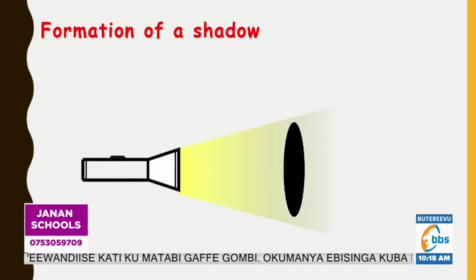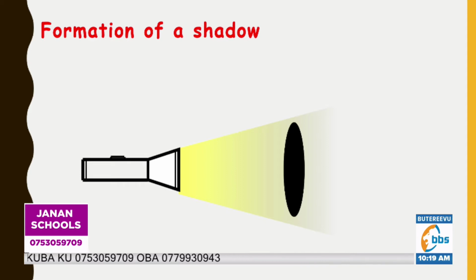Now, that is the shape of the opaque object. So when light meets the opaque object, light will be blocked, and we are going to see the shadow formed.